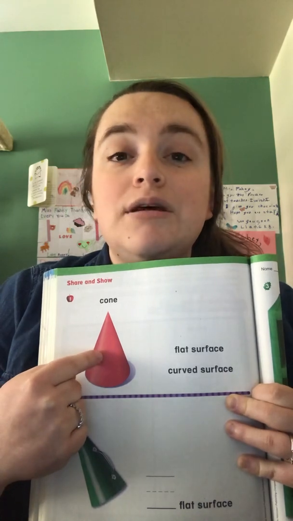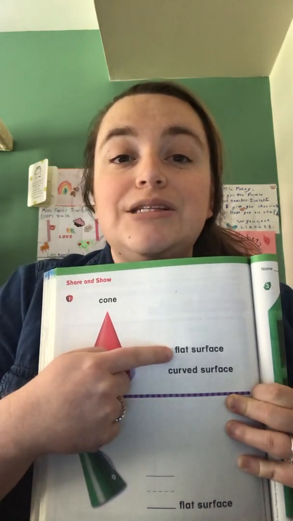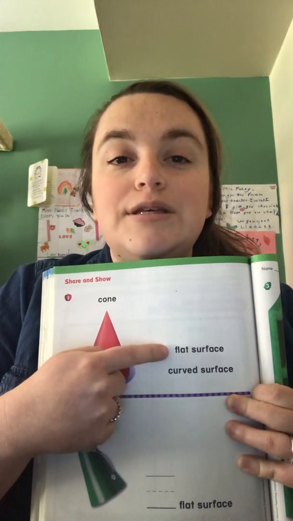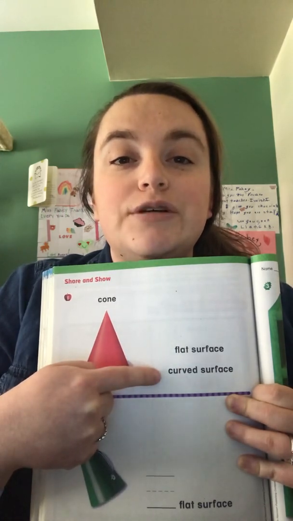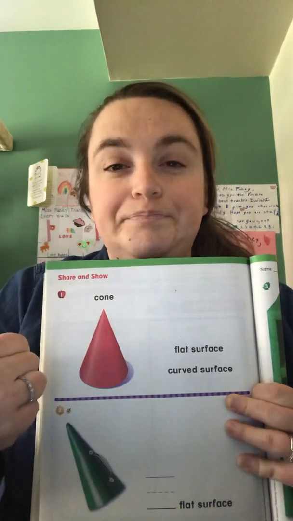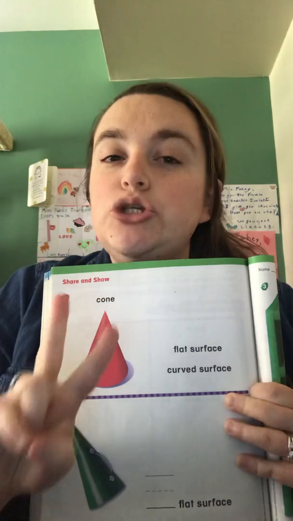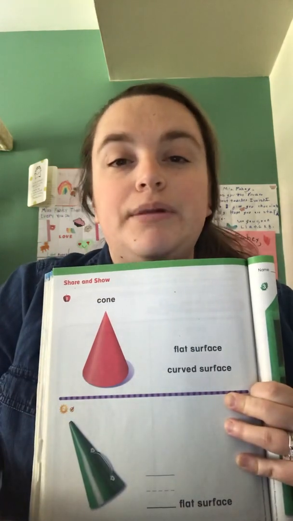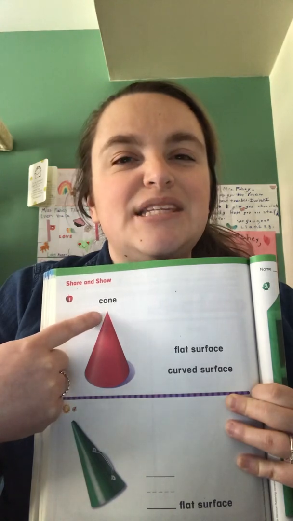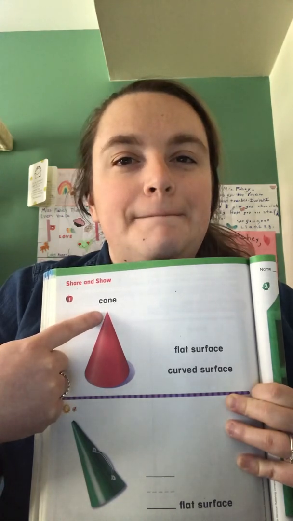Okay, so the cone is another shape that has both a flat surface and a curved surface. So circle both. Circle flat surface, circle curved surface. Just like the cylinder, the cone has both. Now the cylinder has two flat surfaces, a top and a bottom. Is the point flat? Is the top flat?